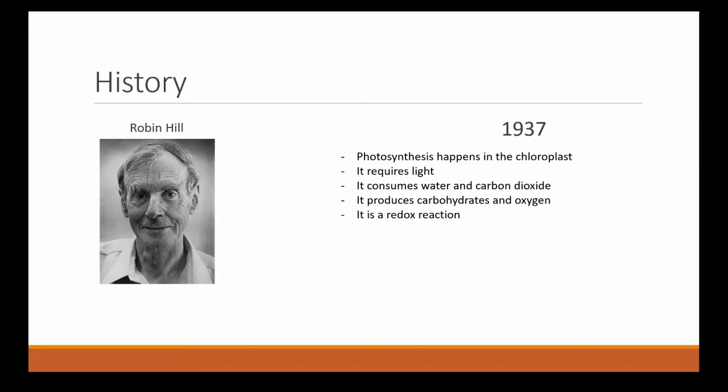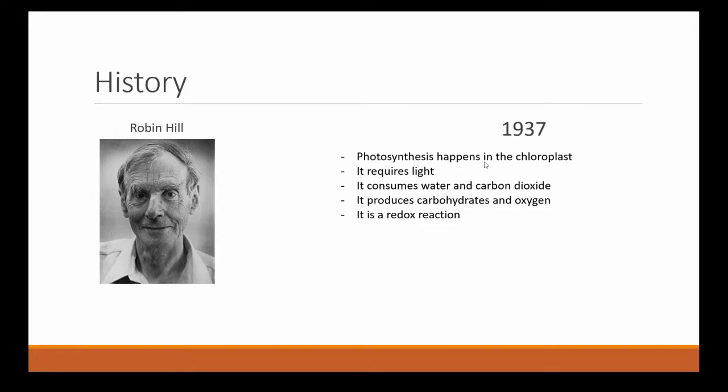And just some historical context: it was done in 1937, and at that time, people didn't know a lot about photosynthesis yet. Not a lot of research had been done. Knowledge was limited. Basically, I've summarized the five things that were known to them at the time.